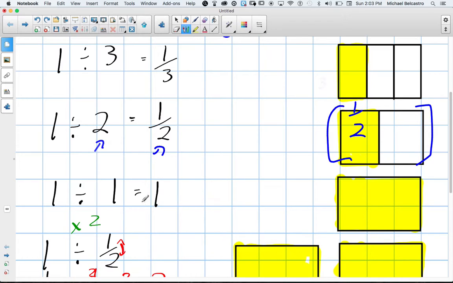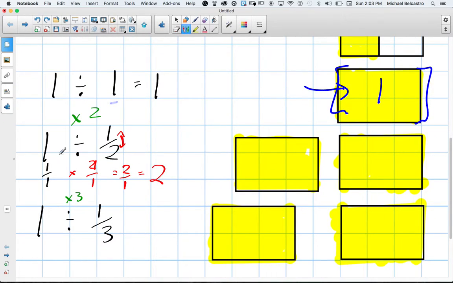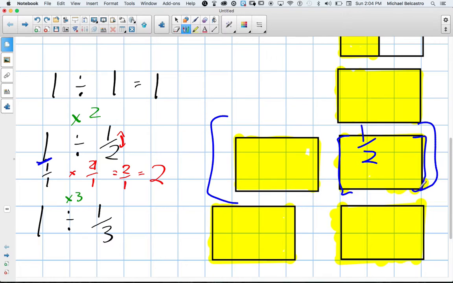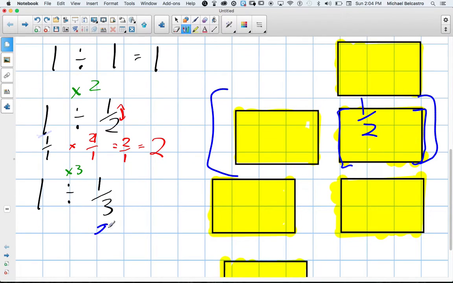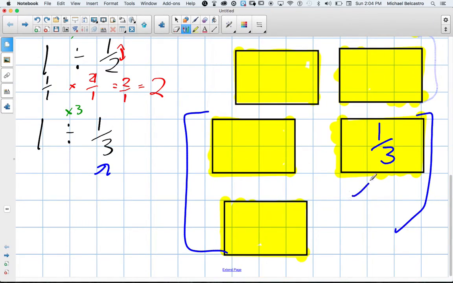This was our half here. We needed this 1 to be the 1 whole of what we started with. Here we needed to divide by half, so we needed what we started with to be half of our answer, and that's right, this is half of our whole answer. And when we divided by a third, we needed what we started with to be a third of our final answer, and that makes sense. This piece here is a third of our final answer.